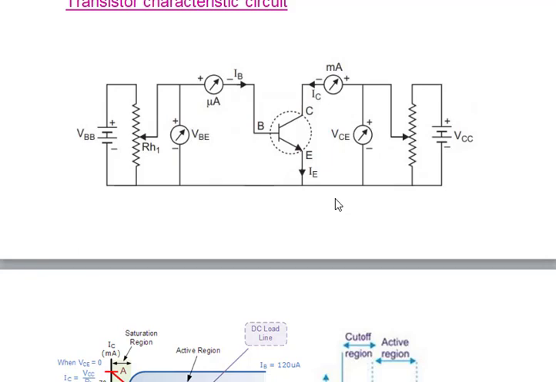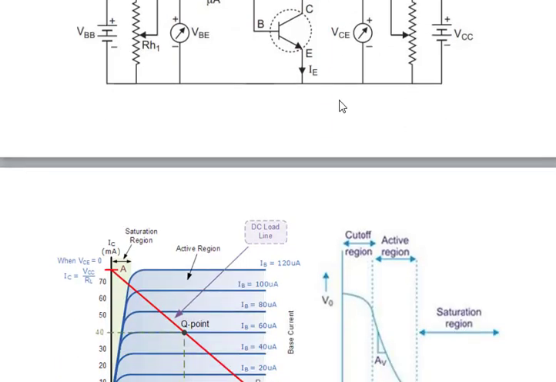To study the transfer characteristics, initially the voltage VCC is kept constant. The voltage applied between the base and emitter is adjusted, and the base current is noted for every VBE and tabulated. For output characteristics, the base current IB is fixed. The voltage applied between collector and emitter is varied, and the corresponding collector current is tabulated.